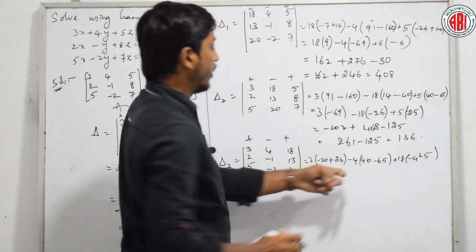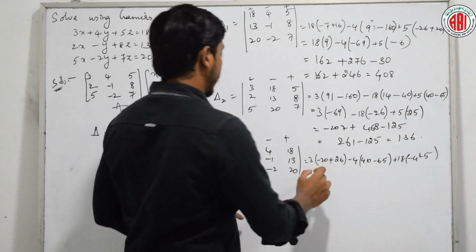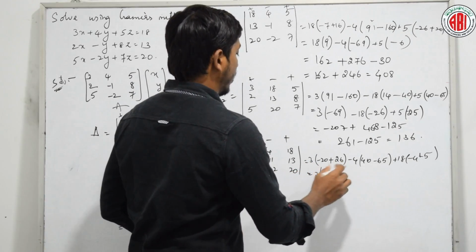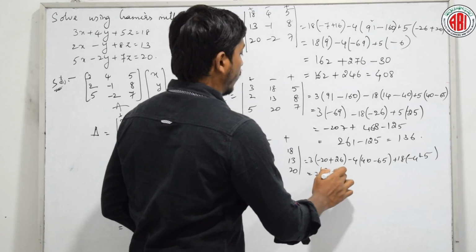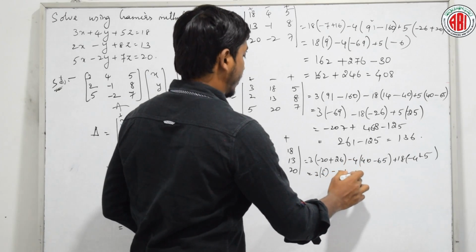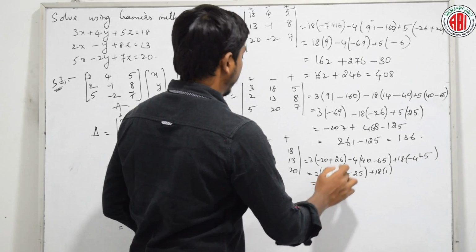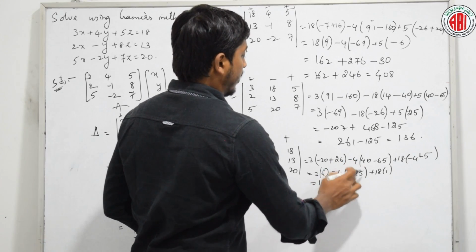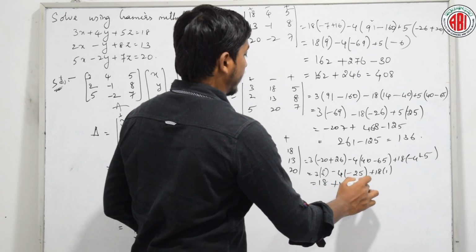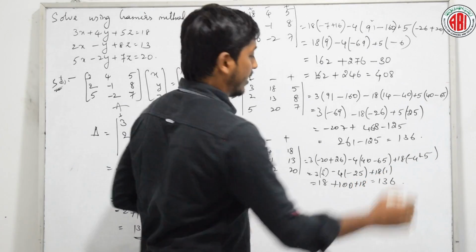Is it clear? 26 minus 20 is 6. 6 into 3, minus 4 into 40 minus 65, again minus 25, plus 18 into 1. 6 3s are 18, plus this is 100, plus 18. Therefore, this is also 136.